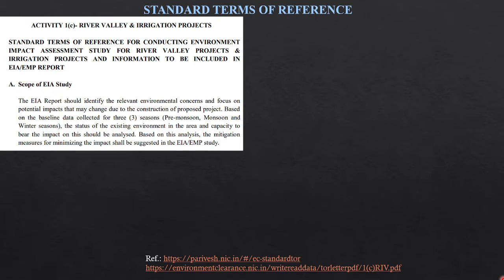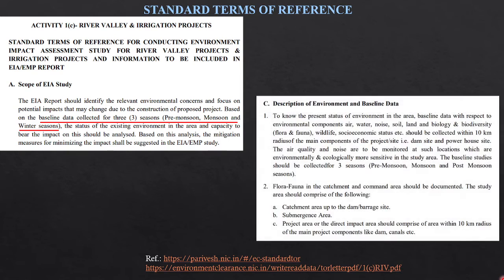So it is a standard terms of reference, and here it is mentioned that the baseline data is collected for 3 seasons: pre-monsoon, monsoon and post-monsoon or winter, to get the status of existing environment. In the said notification, it is again written that the baseline studies are to be collected for 3 seasons: pre-monsoon, monsoon and post-monsoon.